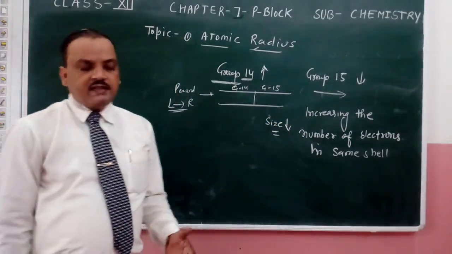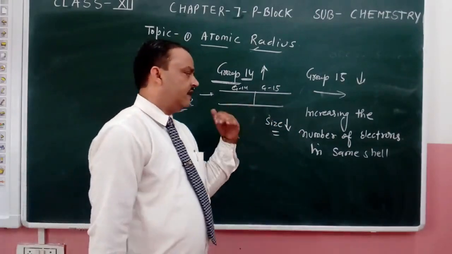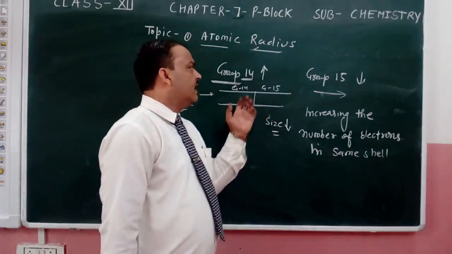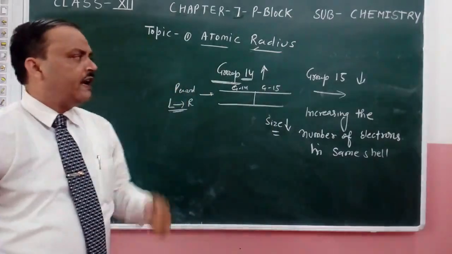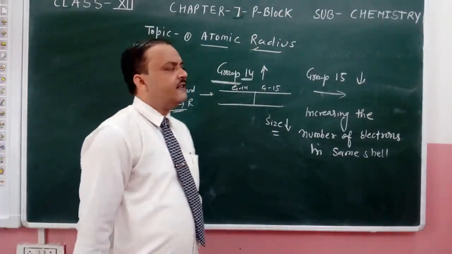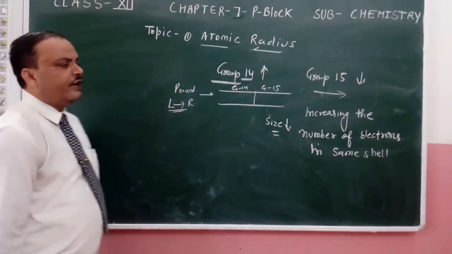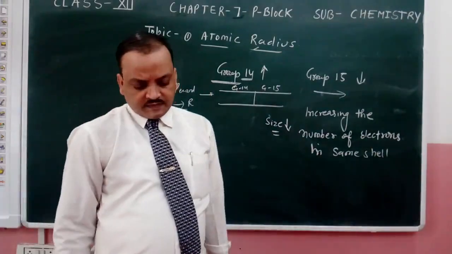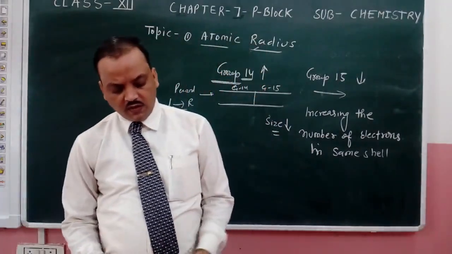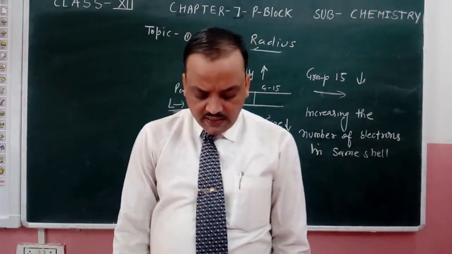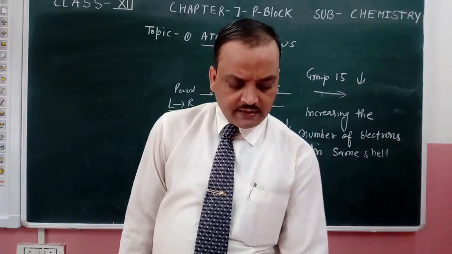So that is the reason that the atomic radius of group 15 elements is less in comparison to group 14 elements. That is related to the concept of atomic radius.